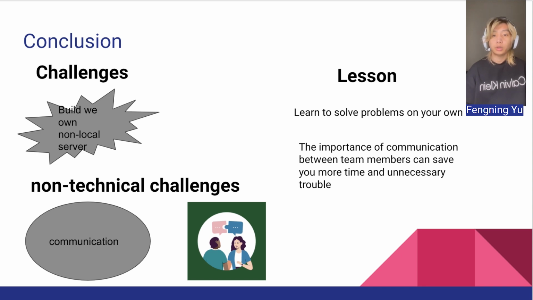For example, the programming language and the architecture that two people want to use are different, and they make the same page at the same time, which wastes time. I made this mistake myself, so I want to apologize to my team members. Therefore, it can be seen that communication is very important in a team.